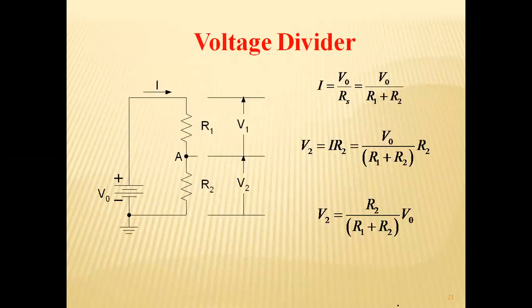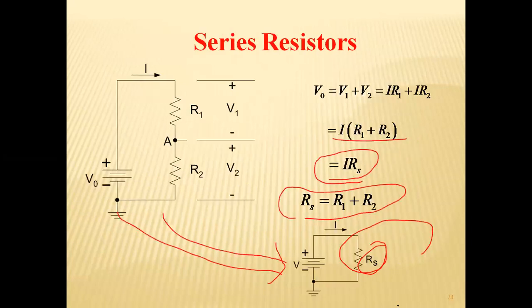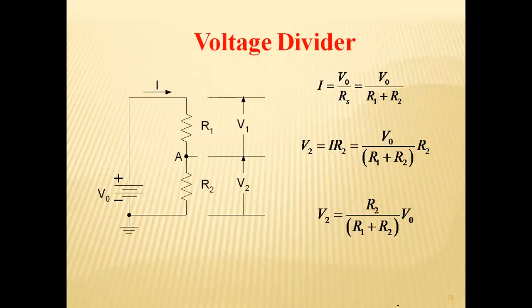Then the voltage divider. For series connections, if the elements are connected in series, then we can calculate the voltage division, that is, how the voltage is going to be divided among the different elements. So here you can see I0 is equal to V0 by RS. We have already calculated RS as R1 plus R2.